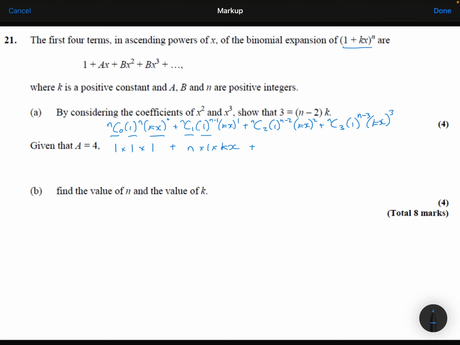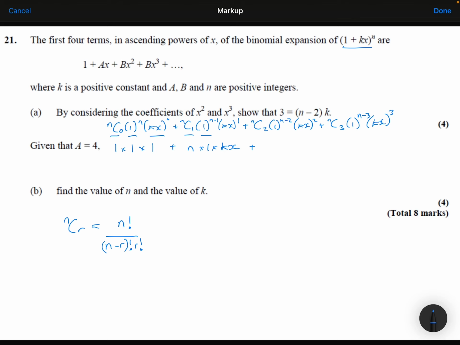Next, nC2. Now you might not remember that off the top of your head, but that's fine because we can use the nCr formula to work this out. The nCr formula is n! over (n−r)! times r!.